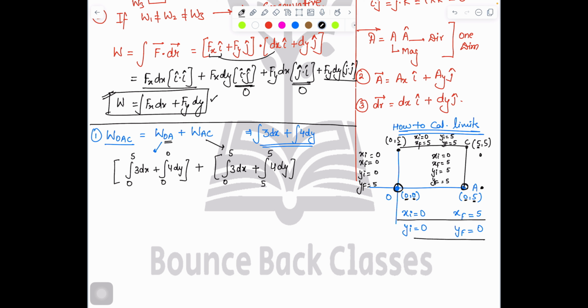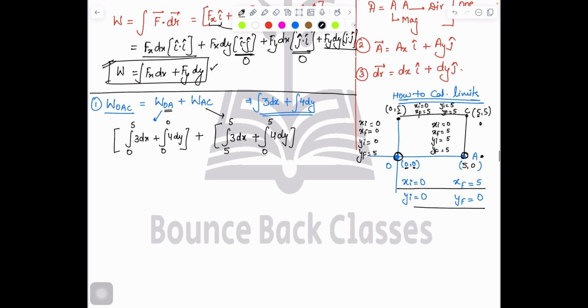Wait, I wrote something wrong here. It should be 0 and 5 for x, and for y it should be 5 and 5. Now it's correct. Clear? Now is it fine?